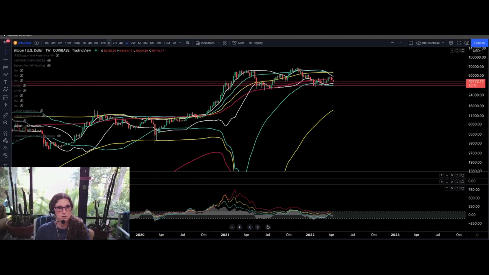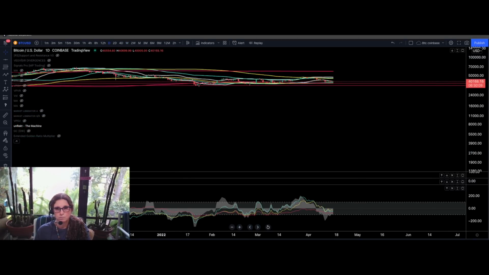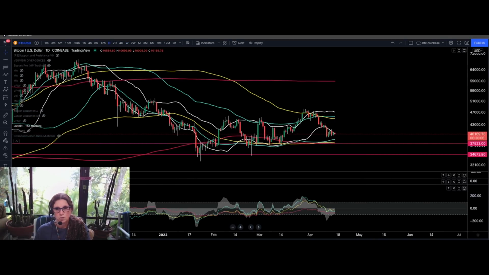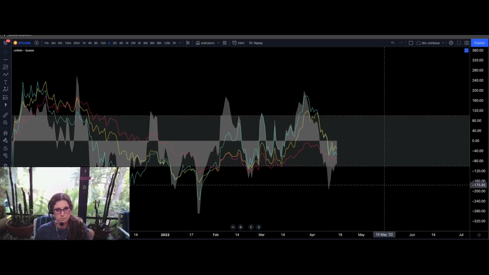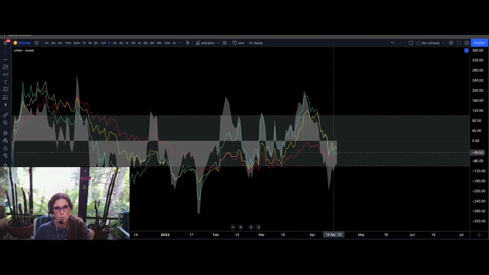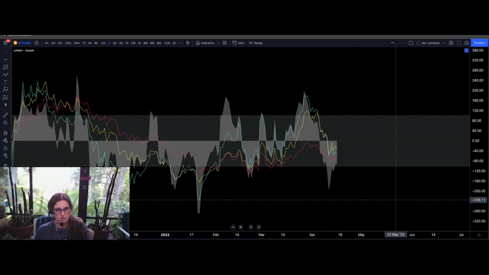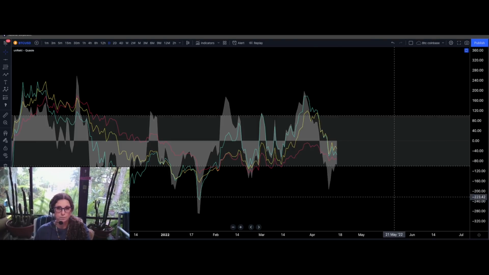Let's go to the daily. Right now on the daily, white is weighted to the downside, which means on the daily the market wants to go down.